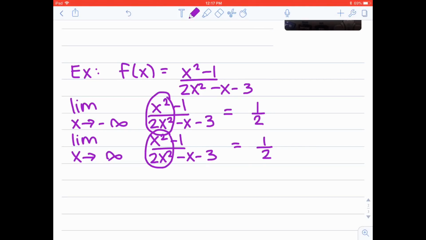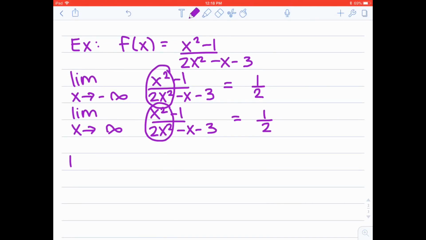In this case, the positive infinity versus the negative infinity did not matter because you have an x squared. If you'd had an x to the third, it would have made a difference because you wouldn't have had the square forcing it to be positive. So be careful on these. It is possible for you to have different signs depending on the exponent that you're working with. But since this was x squared, I knew that they were going to be positive over positive, and so it wasn't going to matter.